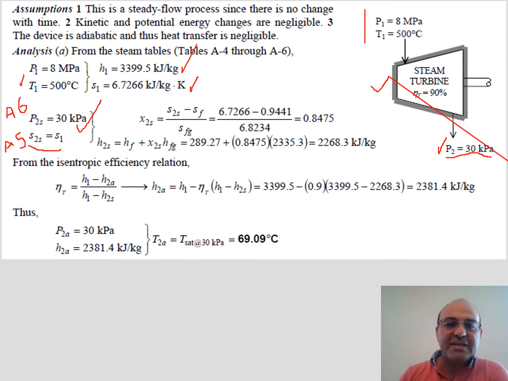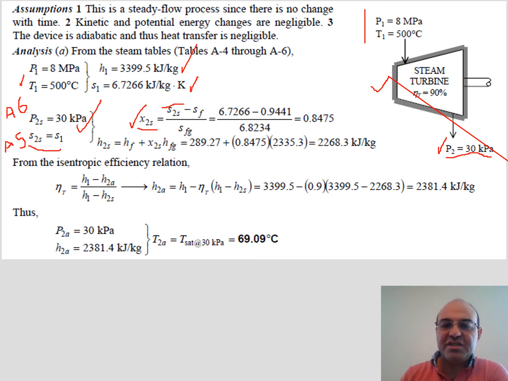So S2S is equal to S1, and if you go to the saturated table, first you need to find X2S, the quality of the mixture, based on the knowledge of the entropy, because you know the entropy from the constant entropy condition.